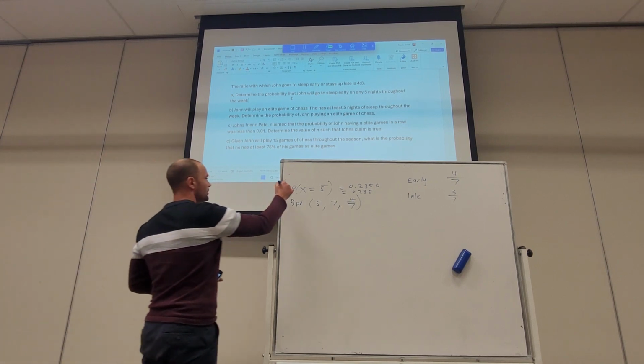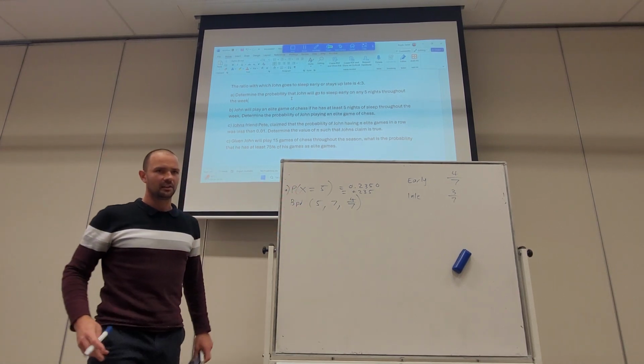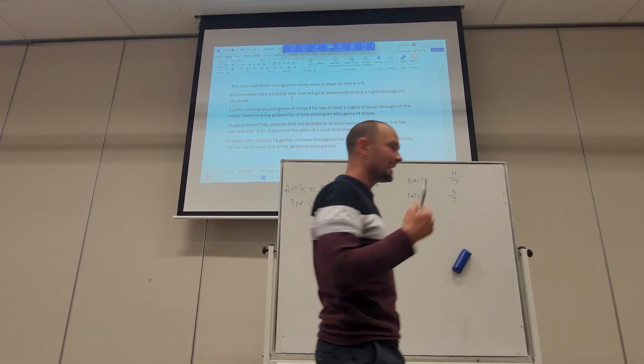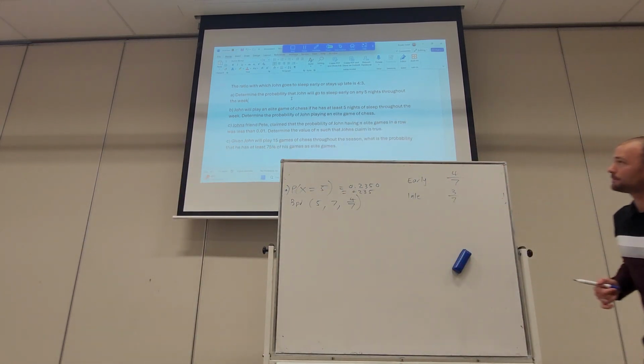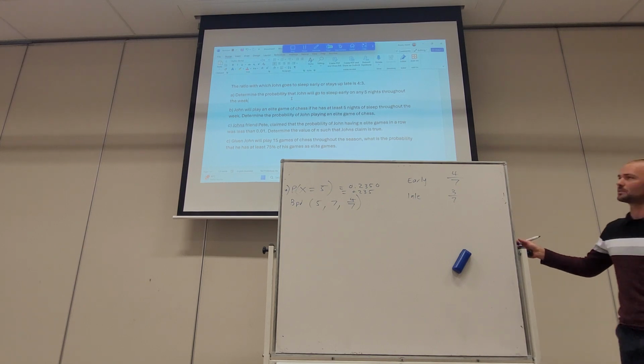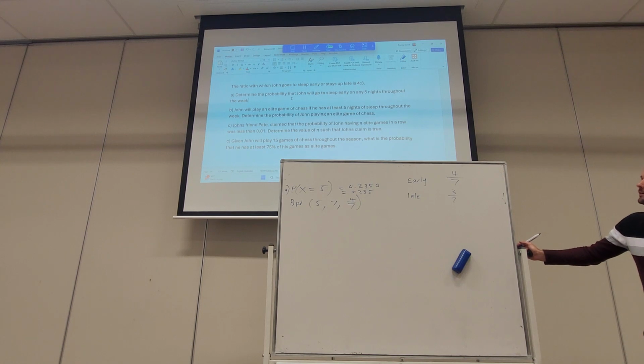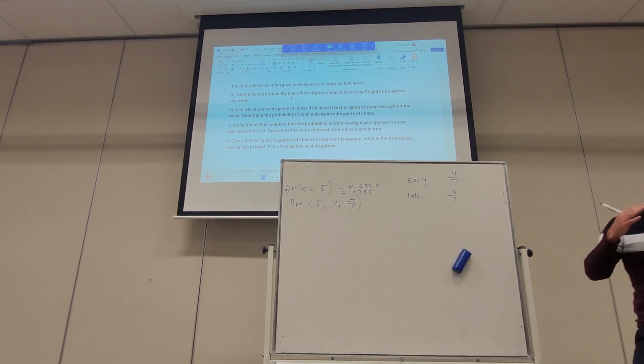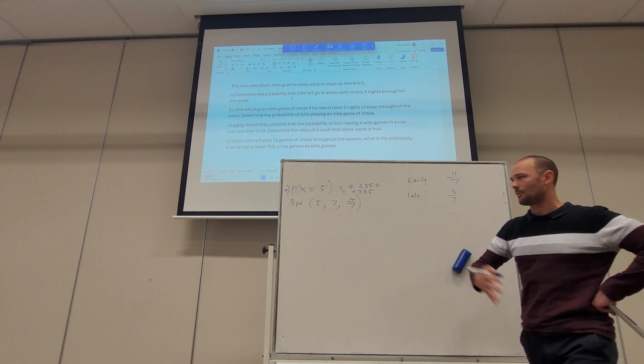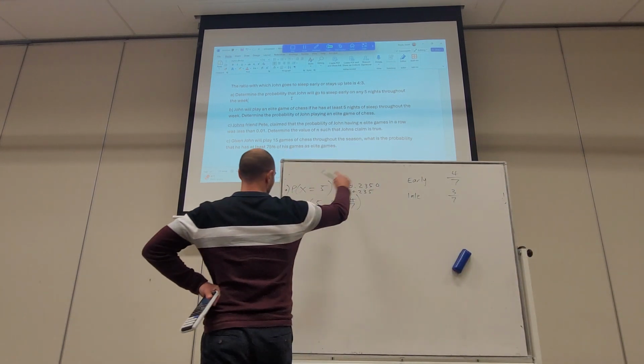Part B. John will play an elite game of chess if he has at least 5 early nights of sleep throughout the week. I've just written this question just then. Determine the probability of John playing an elite game of chess. Elite if at least 5. So now we're talking about the probability of being 5 or larger.